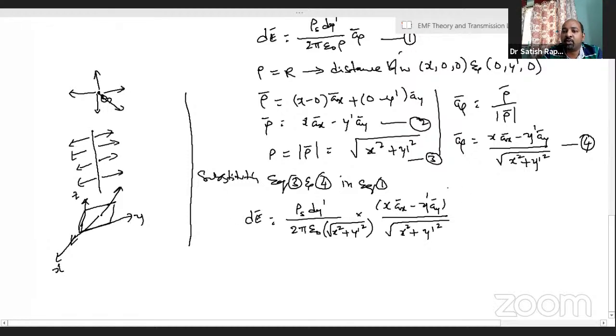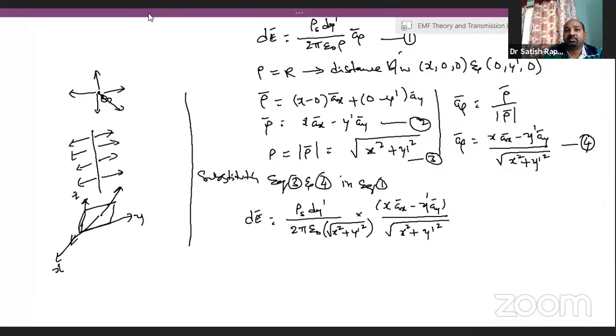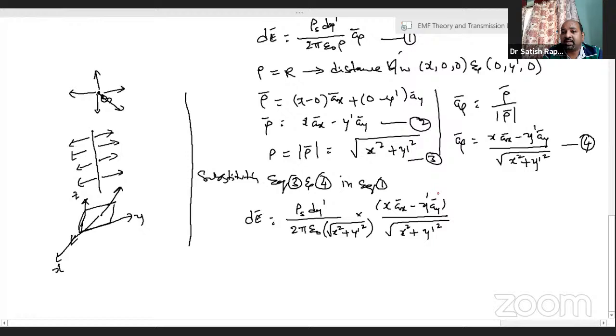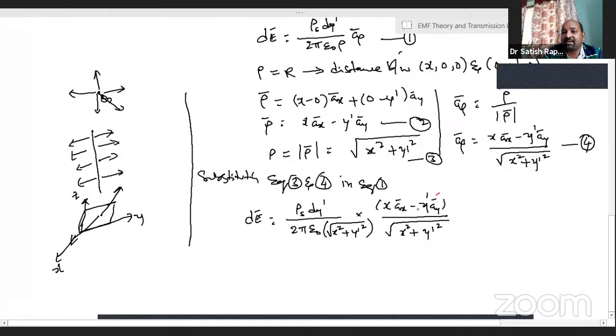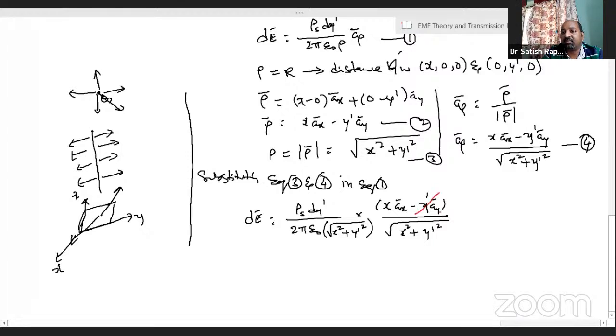So therefore here in this expression, the term electric field in the y direction can be neglected, right?